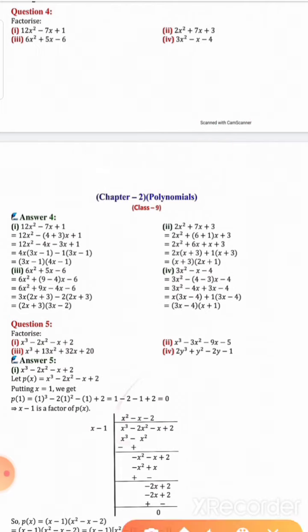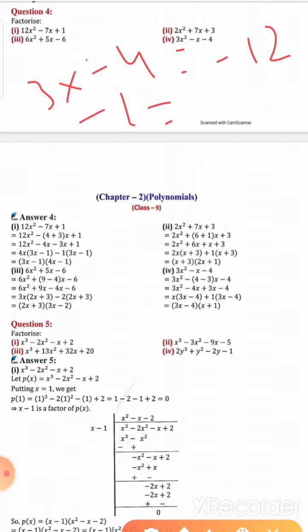In the step, first we multiply a into c, meaning 3 multiplied by minus 4, 3 fours are 12, with plus times minus giving minus, and the middle term is minus 1. So first we find the factors of 12.